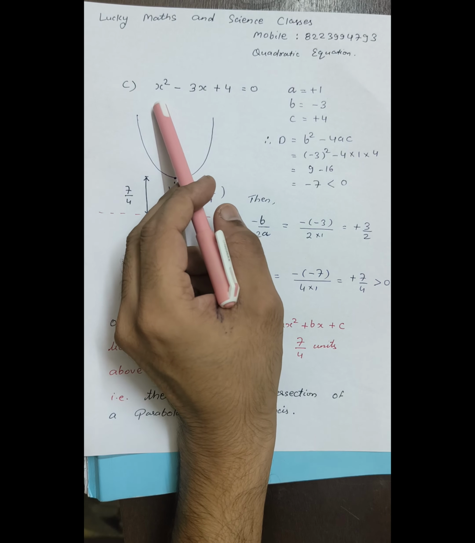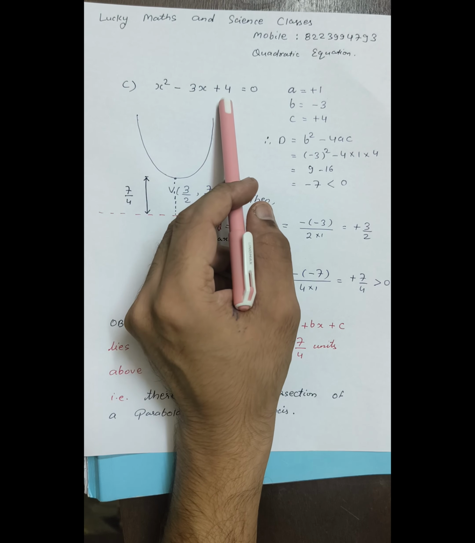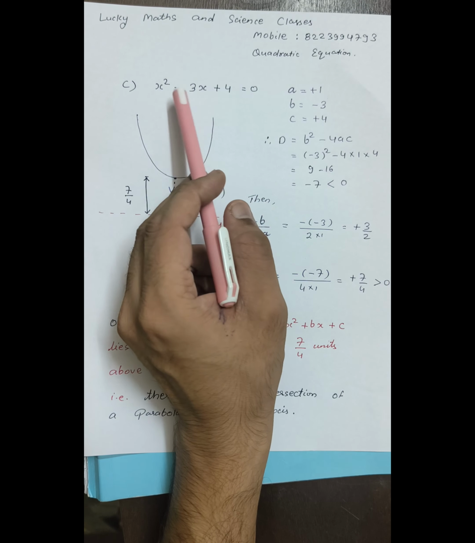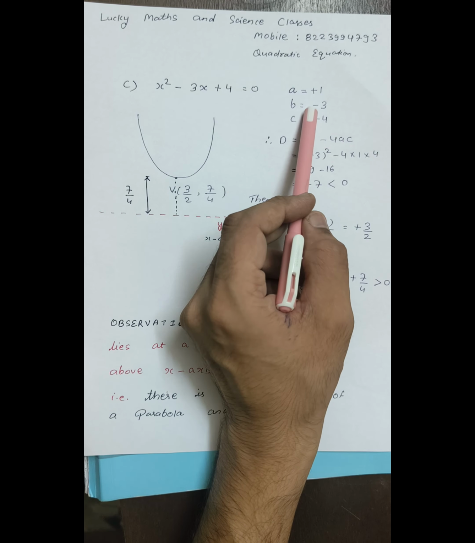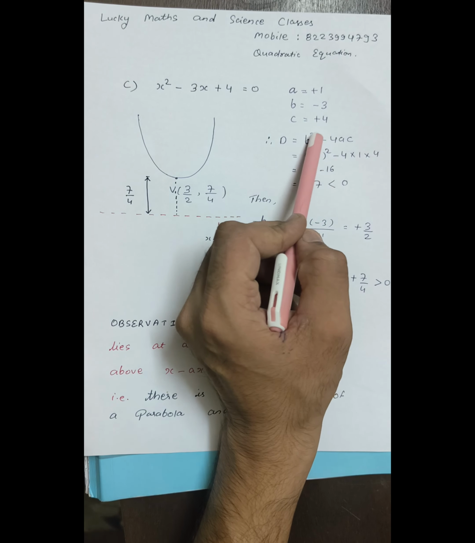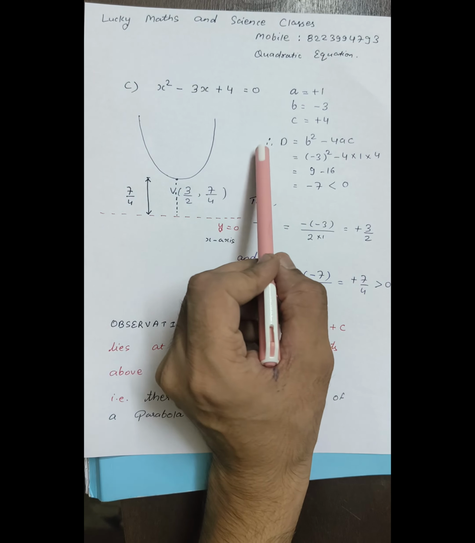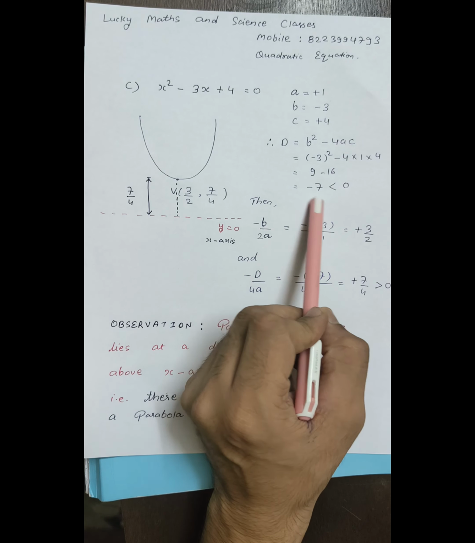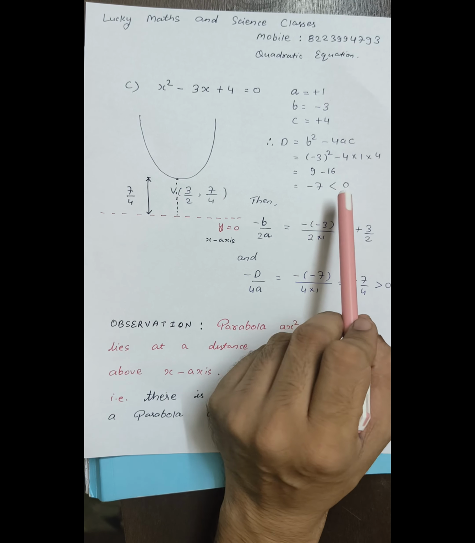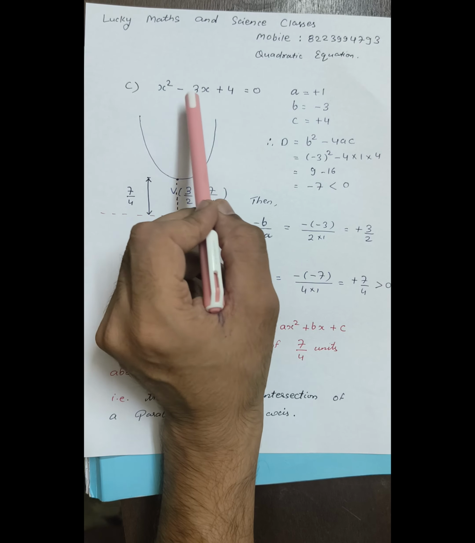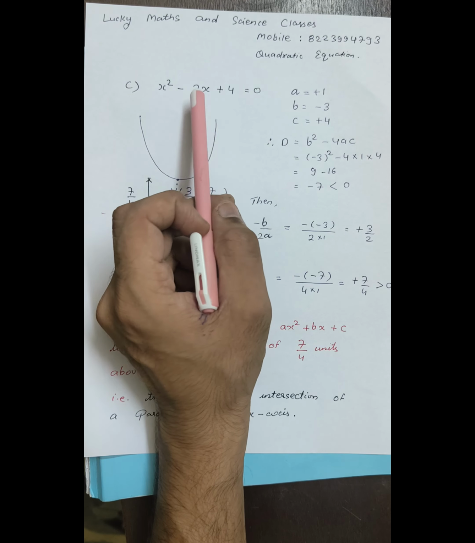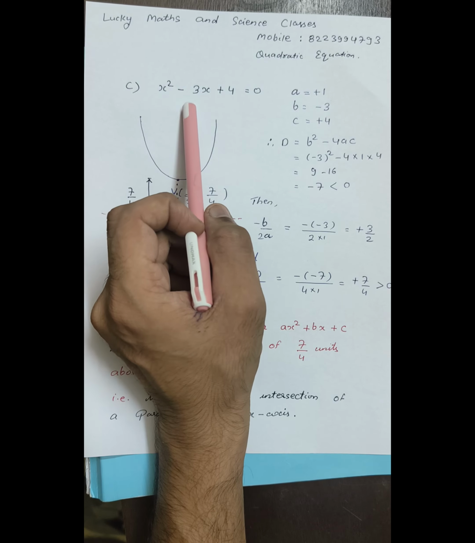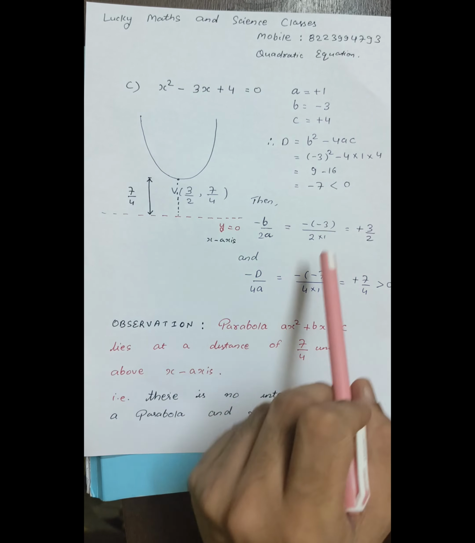Considering the c part, x square minus 3x plus 4 is equal to 0. Values of a, b and c are plus 1, minus 3 and plus 4 respectively. Accordingly, we will have d as minus 7, that is negative. Now, this particular equation, as per previous learning, has no real roots. This equation is having complex roots.